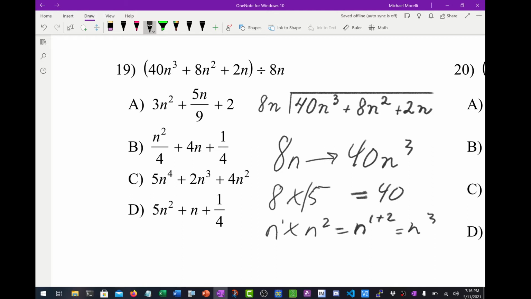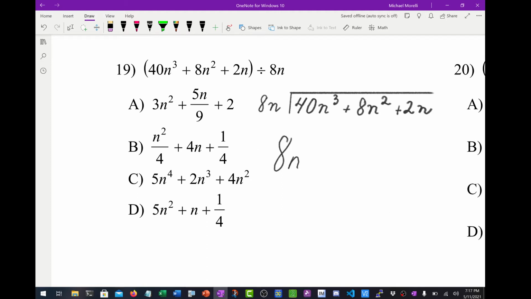So if I combine these two together, I'm going to be multiplying by 5n squared. So let's make sure that works before we commit to it. 8n times 5n squared equals 40n cubed. And that's the first term of our dividend.